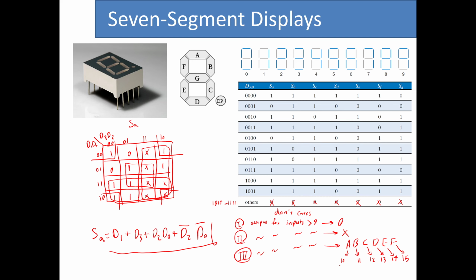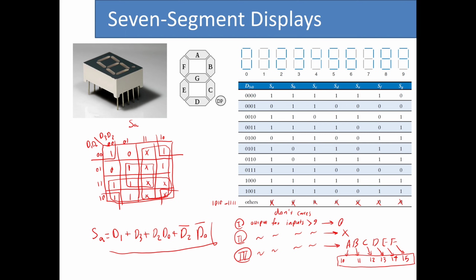So I suggest you go and look for the LED patterns for the 7-segment display for A, B, C, D, E, F, and basically complete this table.